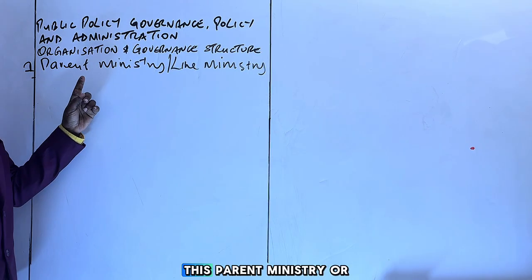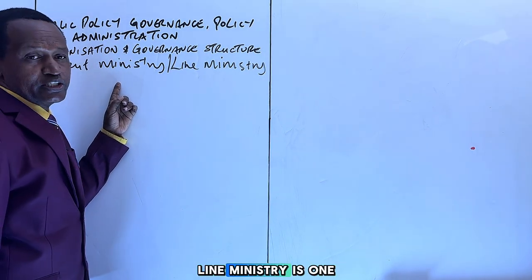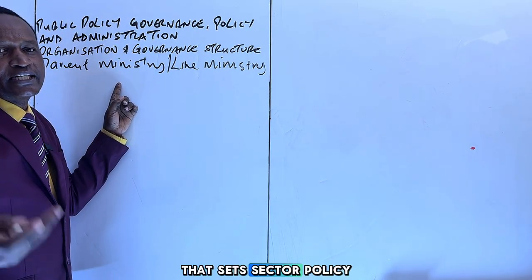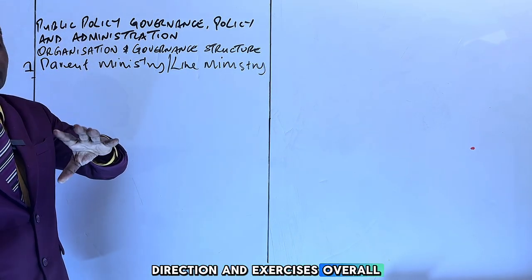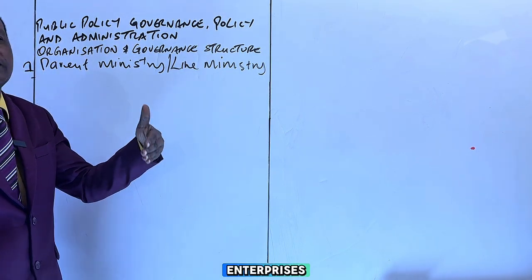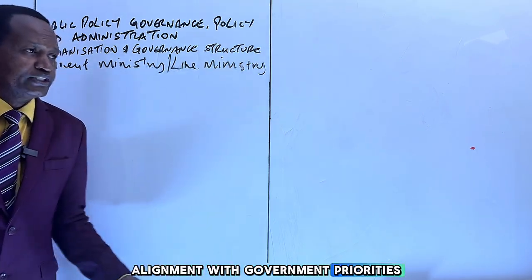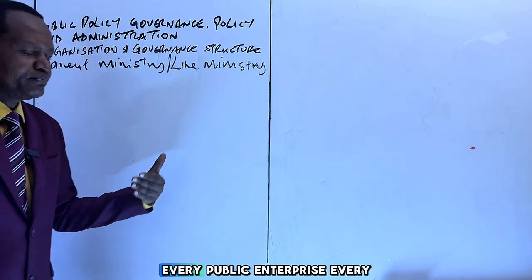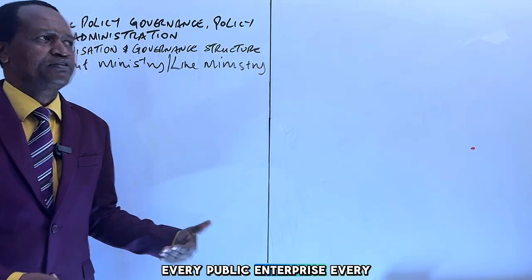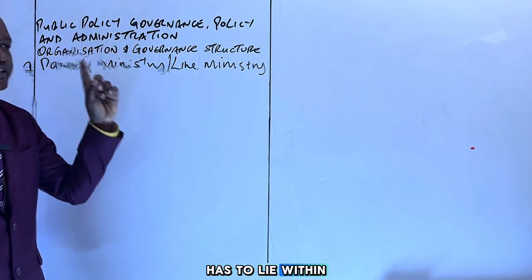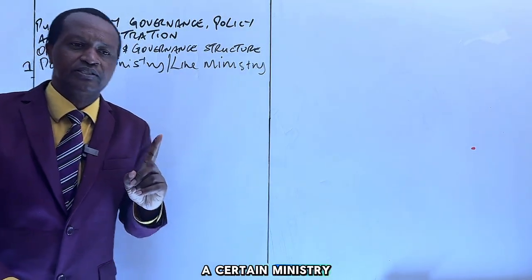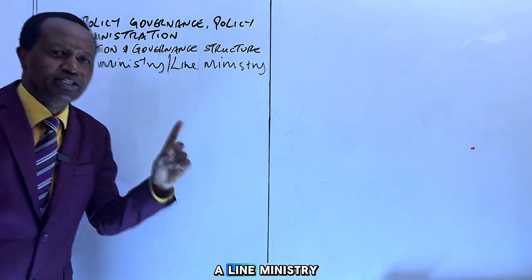This parent ministry or line ministry is one that sets sector policy direction and exercises overall state oversight of the enterprise's alignment with government priorities. Every public enterprise or parastatal has to lie within a certain ministry, what we are calling a line ministry.